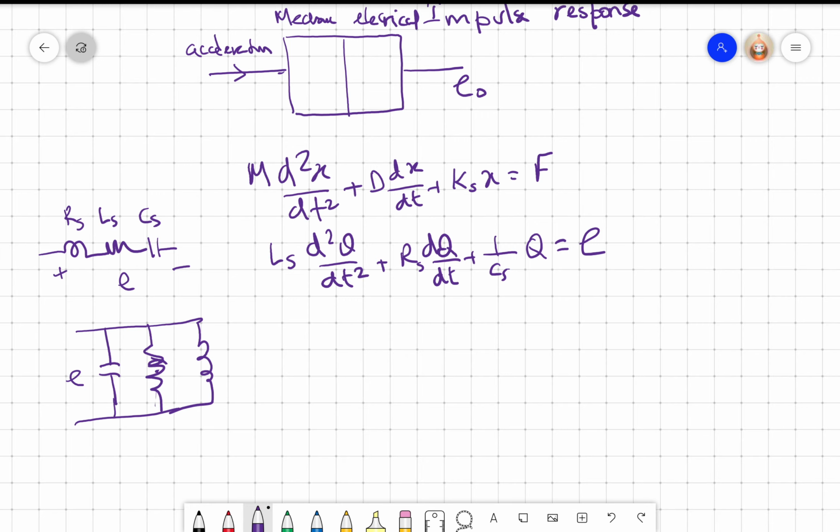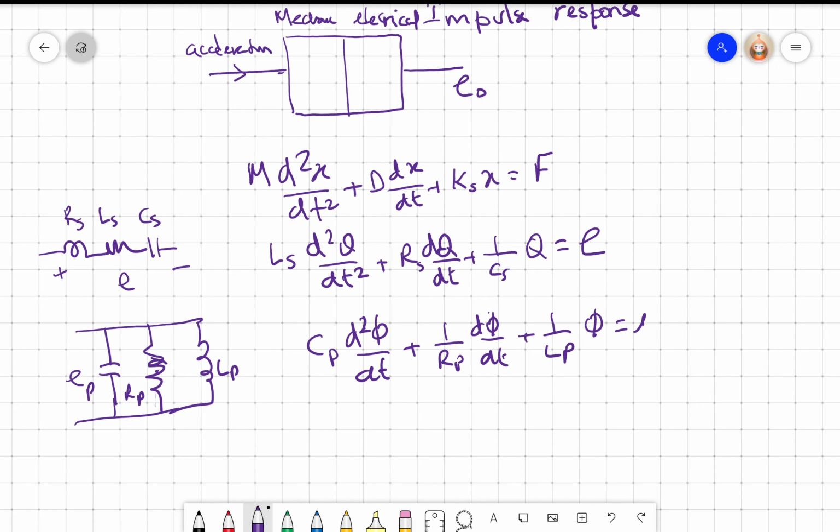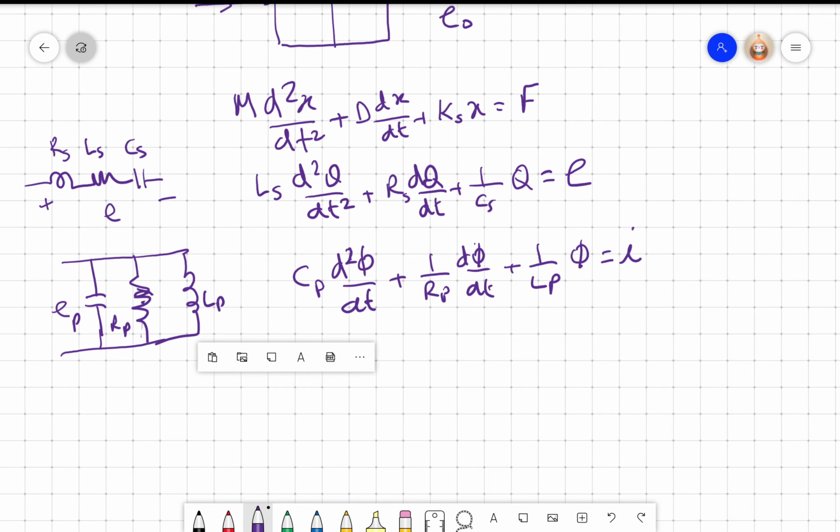Then we have C, I call it C parallel, R parallel, L parallel. So C parallel into d square phi by dt square plus 1 by R parallel into d phi by dt plus 1 by L parallel into phi equal to I, right?